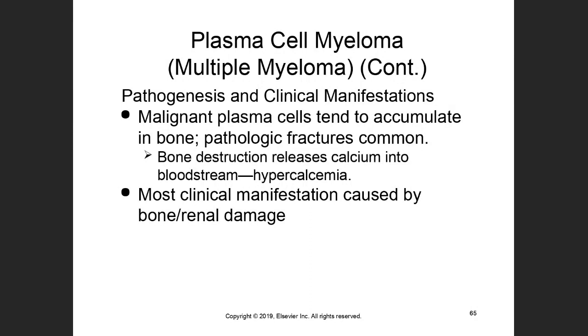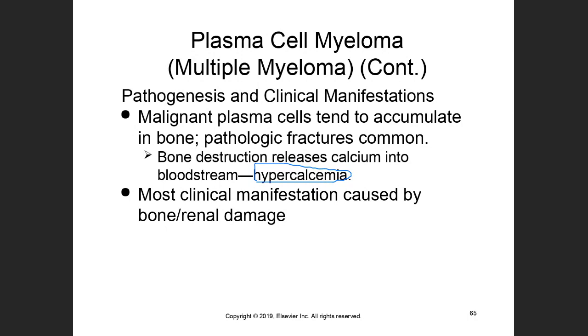Also, they have problems in the bone. Why? Because they have hypercalcemia. They produce, I think, interleukin-1 and another cell that stimulates the PTH, and the PTH starts taking calcium from the bones, and those patients have lytic lesions in the bones.